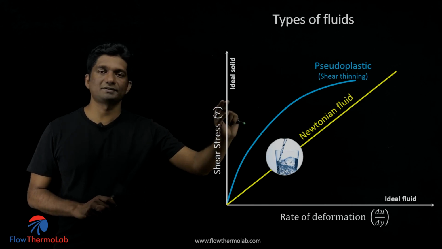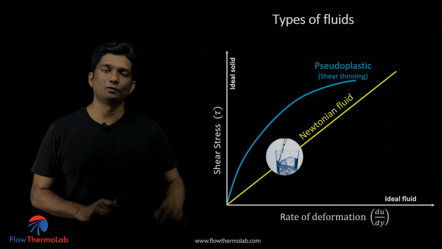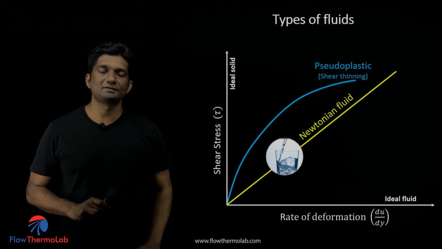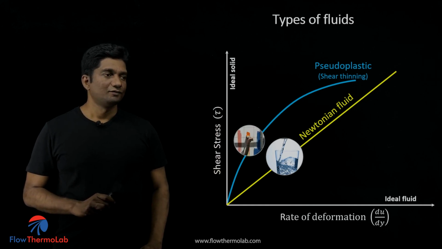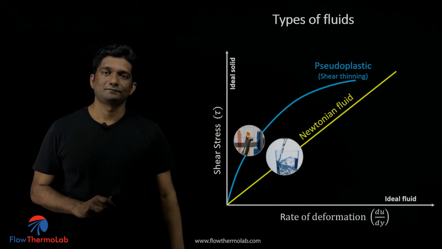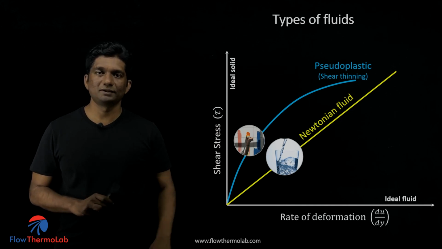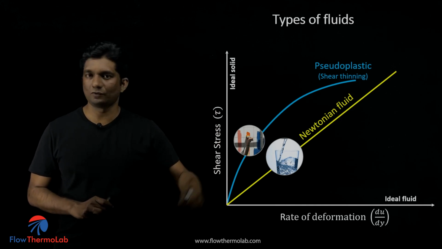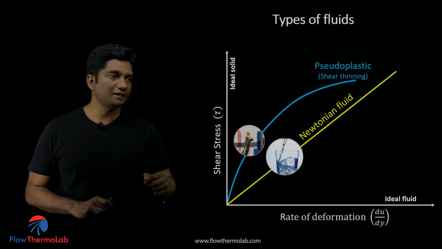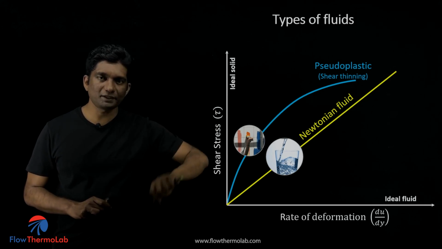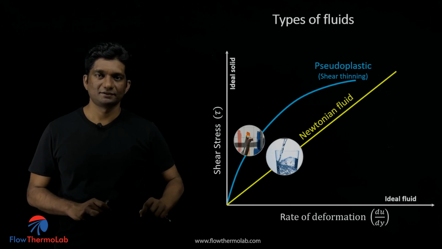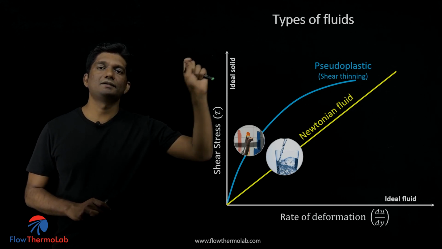You need less shear stress for more deformation or rate of deformation. Can you imagine some fluids for this? For example, paint. If you are into painting anything, acrylic painting on the canvas or on the wall, you can see that initially you have to apply a little bit more pressure, more shear stress. And then after that, it goes smoothly.